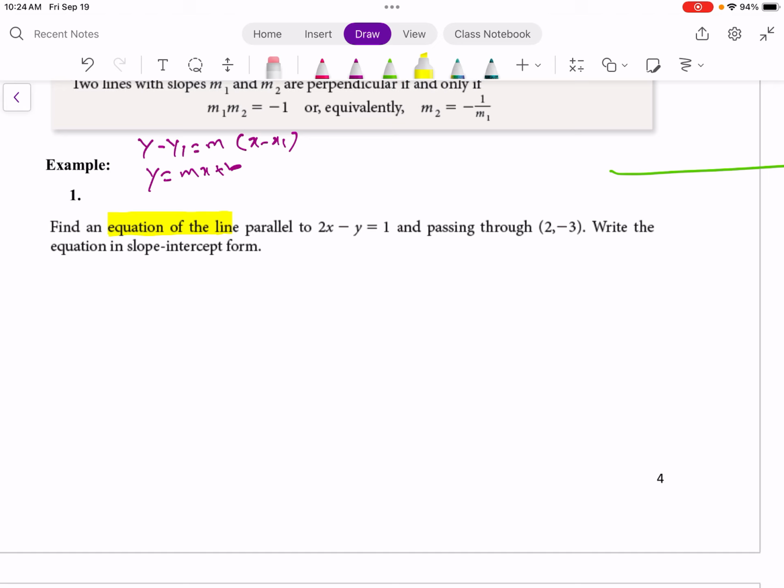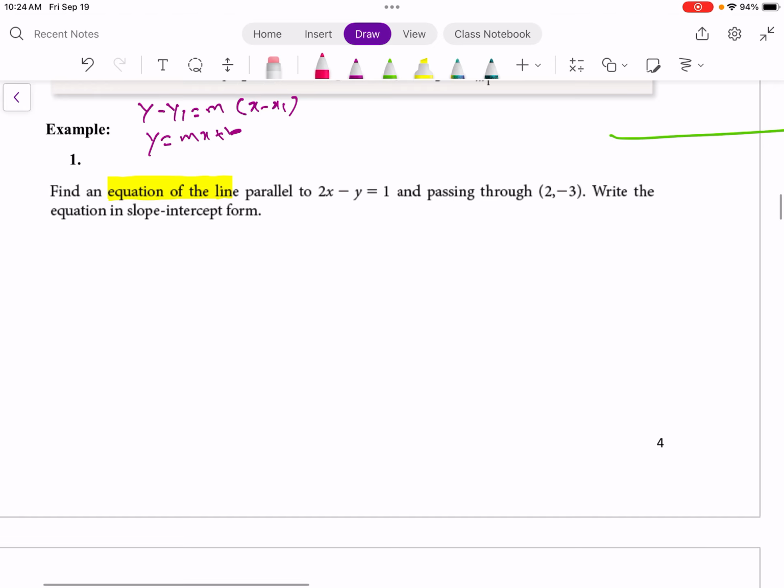We need to find the equation of a line, so let's draw that line. We need to find the equation of this line. Let me call it L1, and it is parallel to 2x minus y equals 1. Now this L1 is parallel to the line 2x minus y equals 1, and let's draw that line here.